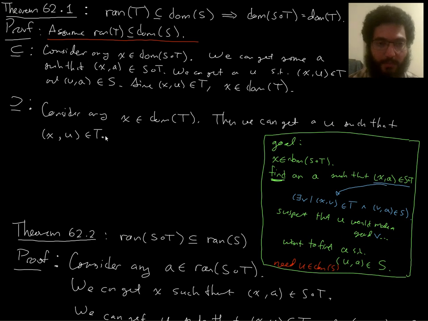So now we can finish the argument, now that there's a nice plan. So then U is in the range of T. That's existential generalization from here.